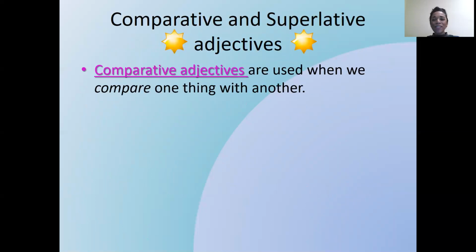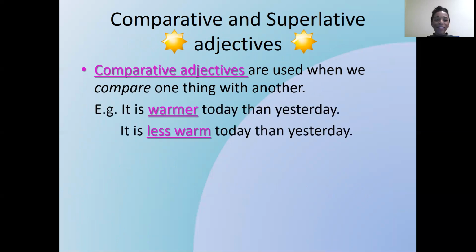Okay, children, well done. We're going to have a look at some comparative and superlative adjectives. Comparative adjectives. Can you say comparative for me after 3? 1, 2, 3. Comparative adjectives. Well done. Are used when we compare one thing with another.